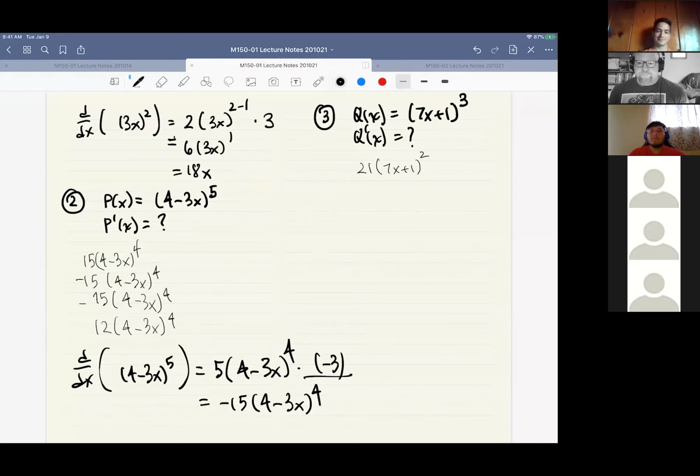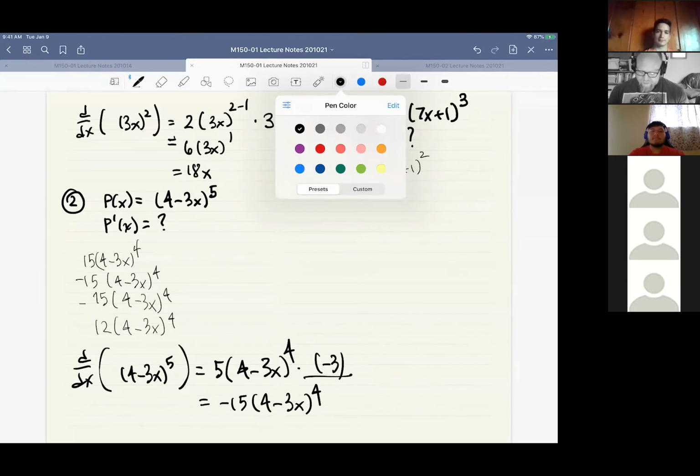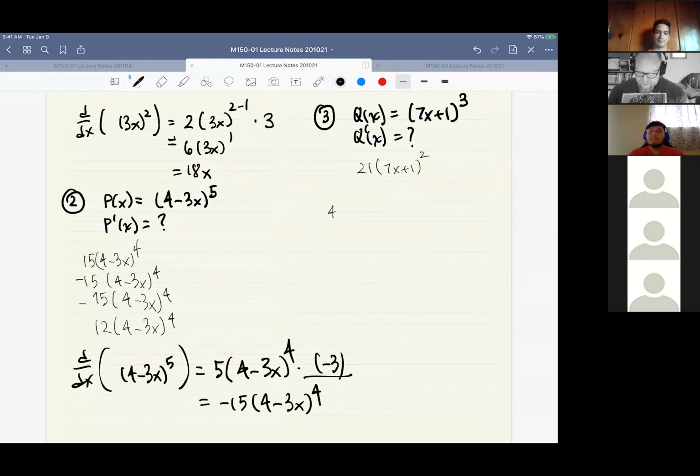Want to do another one? Same level, or raise the level a little bit? We'll do one more at the same level, and then I'll raise the level of difficulty just a little bit.